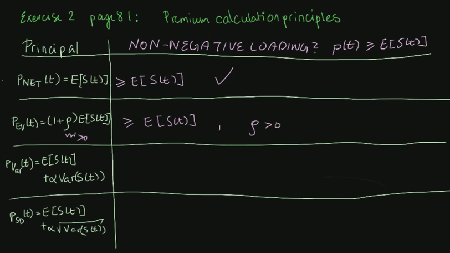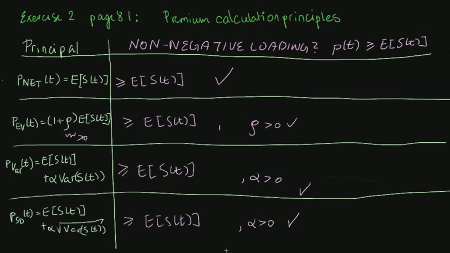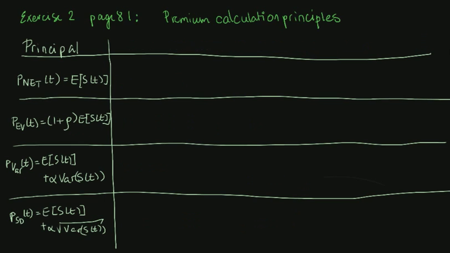Since rho is greater than 0. And in the case of the variance principle, also since alpha is greater than 0, then we also have that non-negative loading is satisfied, and also in the standard deviation case. So this was pretty simple stuff. So all the four premium principles that we're looking at do indeed satisfy non-negative loading.